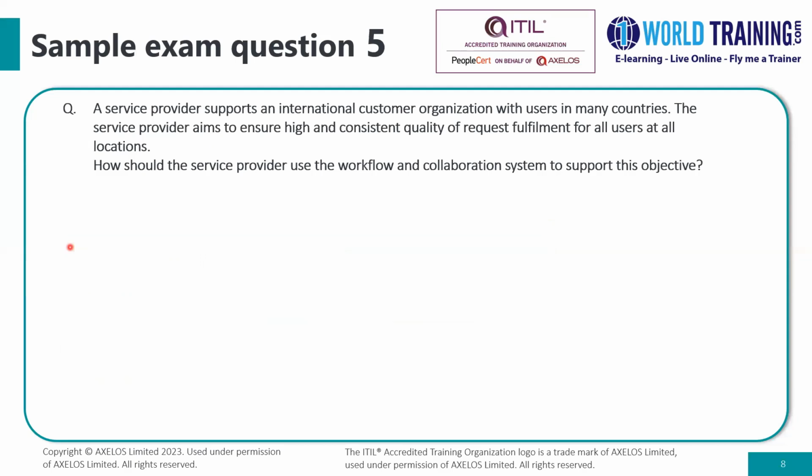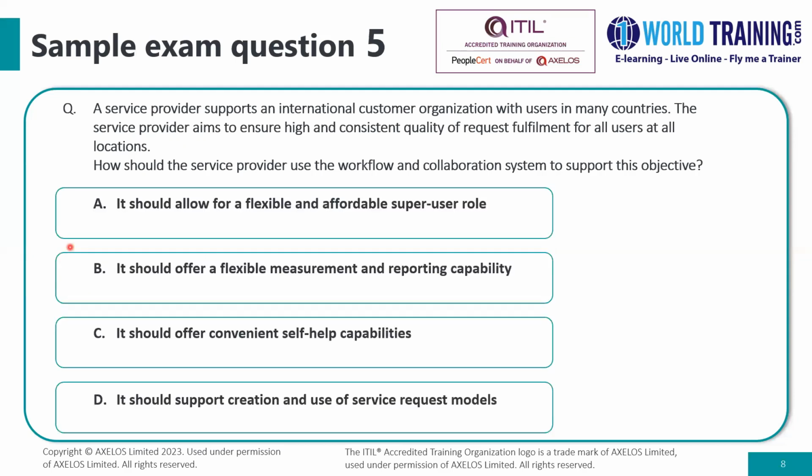Question 5. A service provider supports an international customer organization with users in many countries. The service provider aims to ensure high and consistent quality of request fulfillment for all users at all locations. How should the service provider use the workflow and collaboration system to support this objective? A, it should allow for a flexible and affordable super user role. B, it should offer a flexible measurement and reporting capability. C, it should offer convenient self-help capabilities.